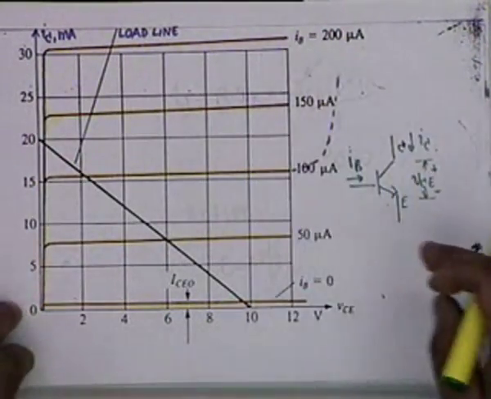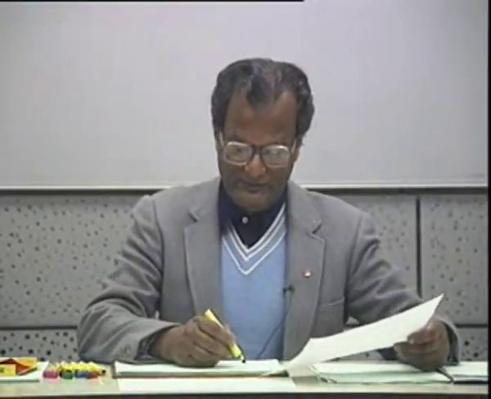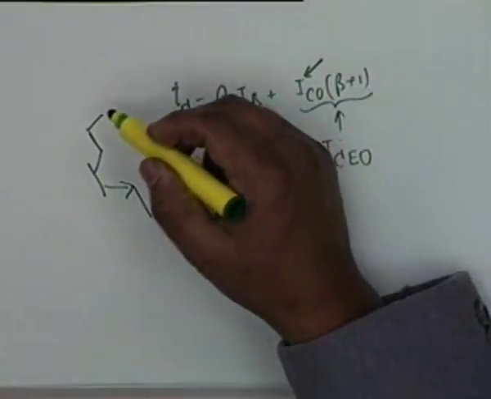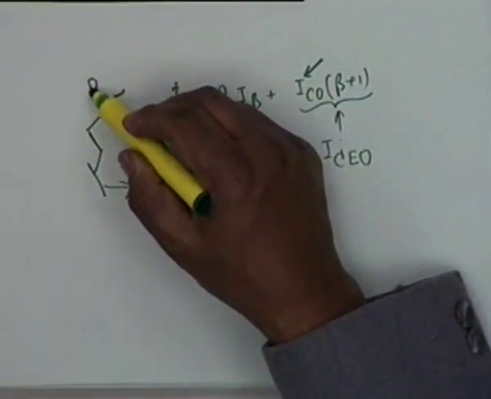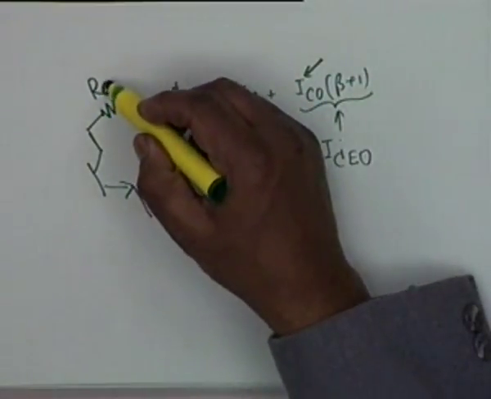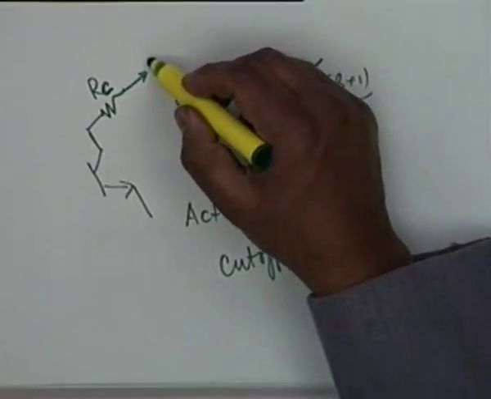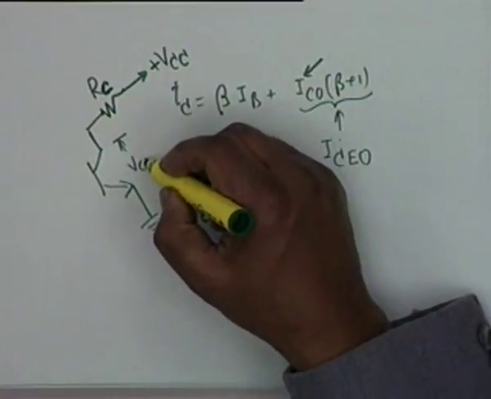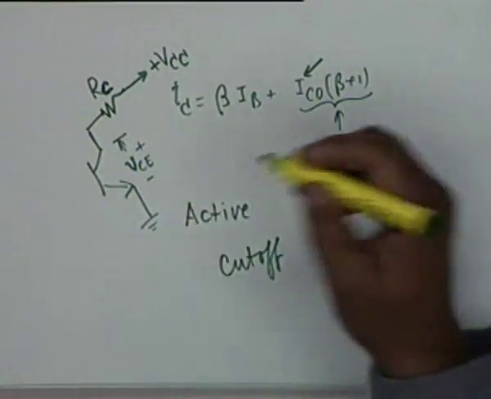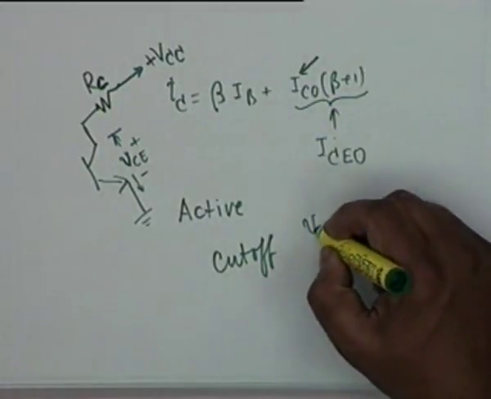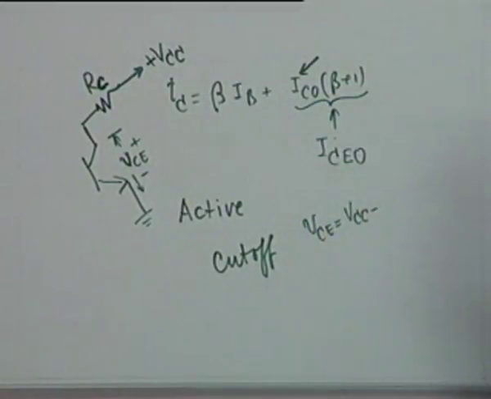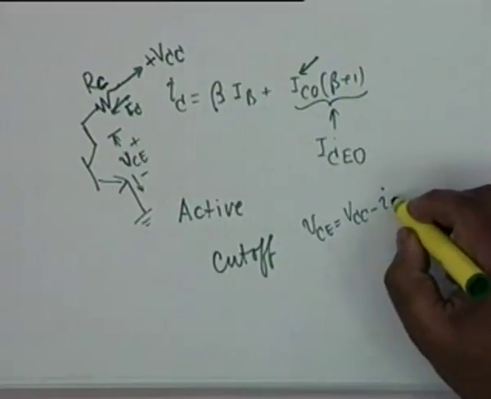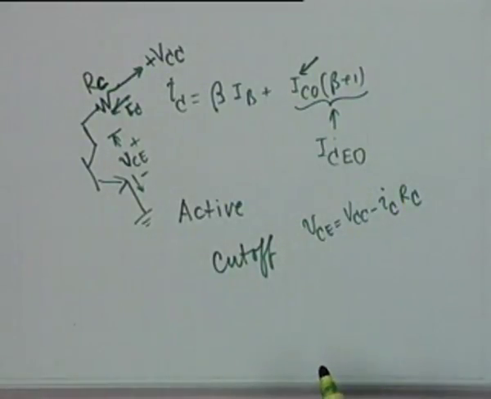Now, the collector will of course be connected to a positive supply through a resistance, let us say RL or RC, call it a collector resistance, then it goes to a positive supply VCC, and if this is grounded and this is VCE, then VCE is equal to VCC minus IC RC.